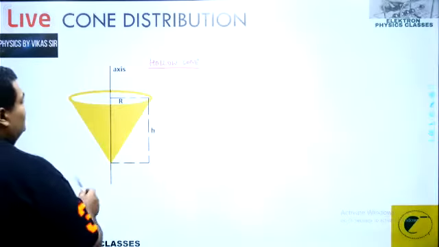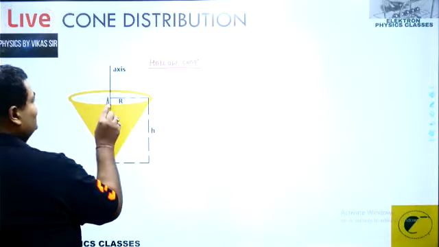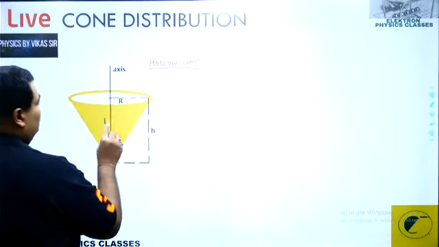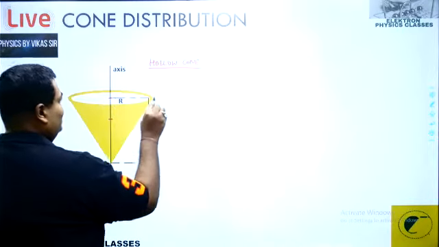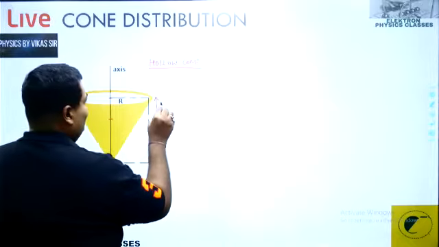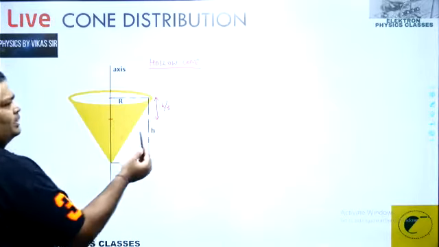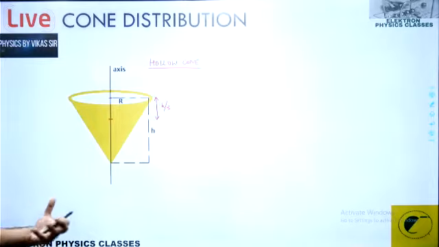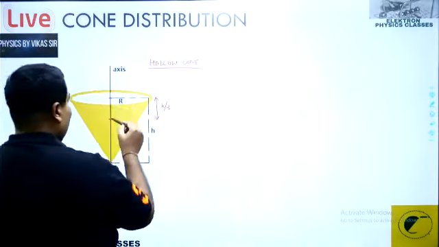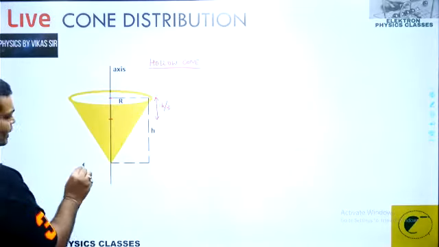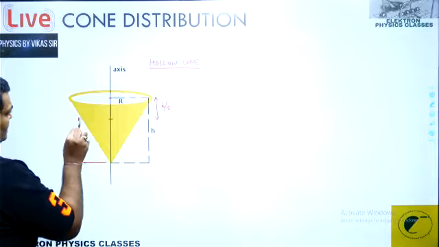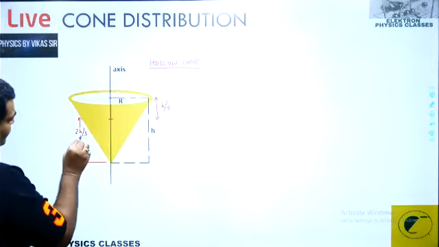The center of mass for this is going to lie towards the base because more mass is over there, and from here it lies at a distance of h by 3. It's hollow, so you can also say it is a conical shell. From the vertex, the center of mass is at 2h upon 3.